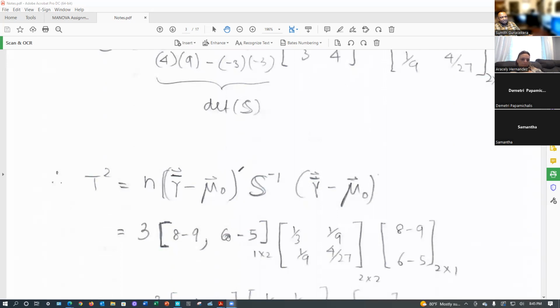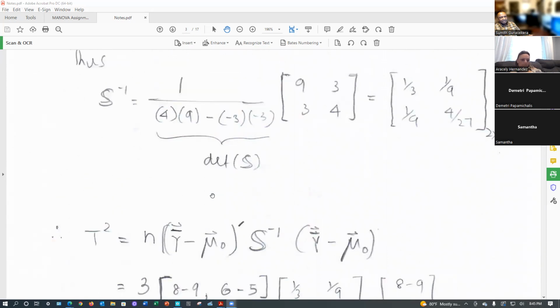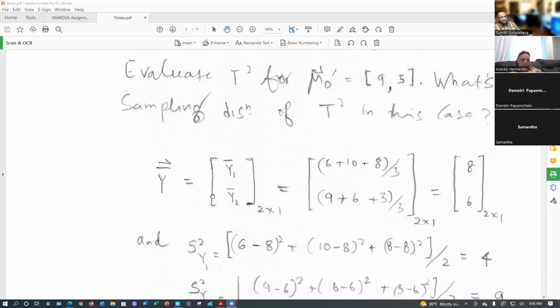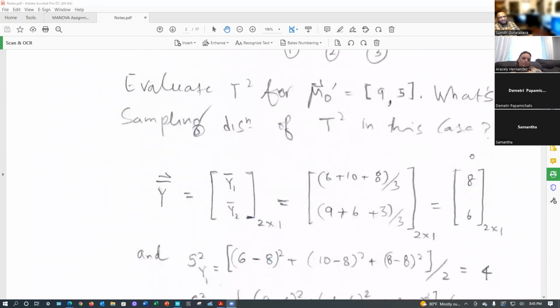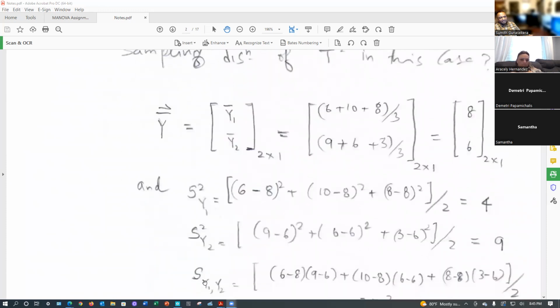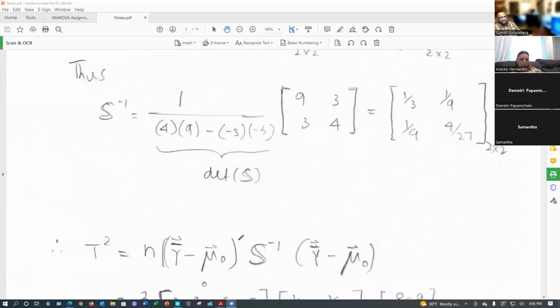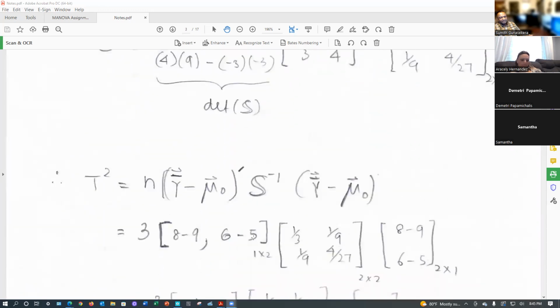That's why I wrote this one in horizontal form, as a row vector. Y bar is 8, so the first entry is 8 minus 9. The other entry, 6 minus 5.